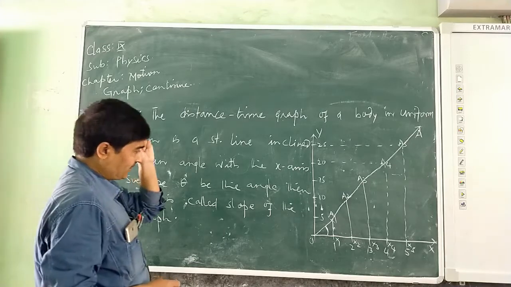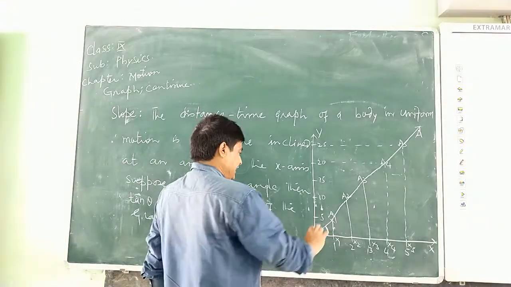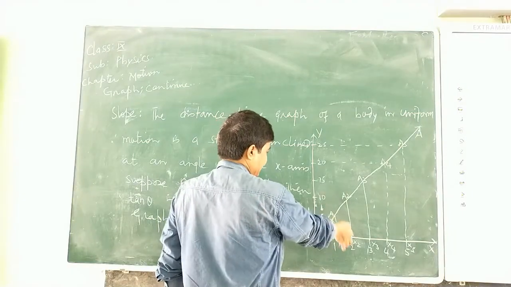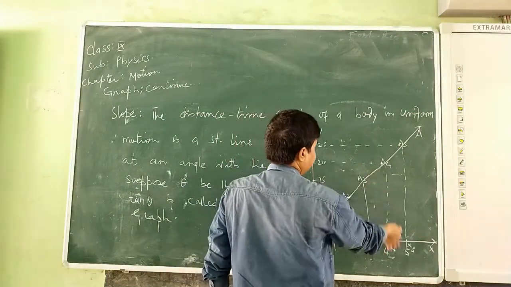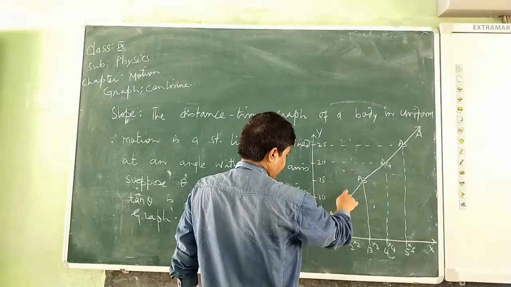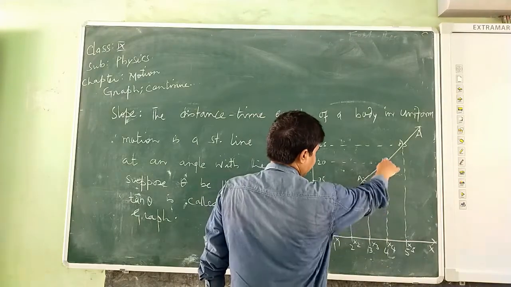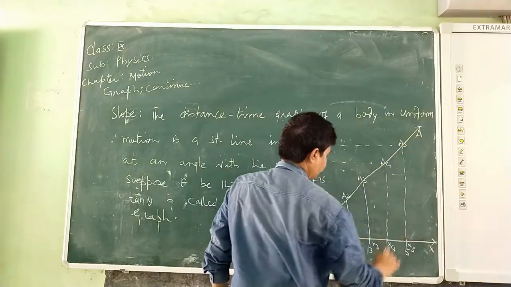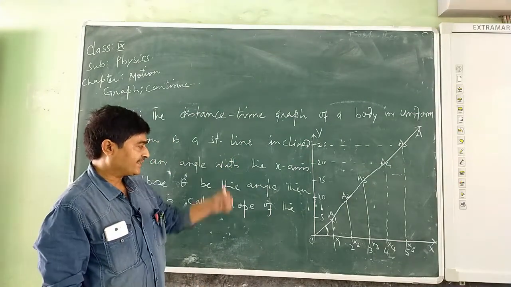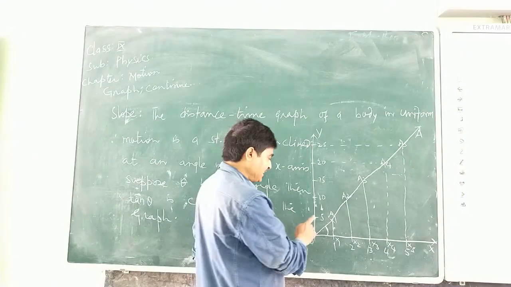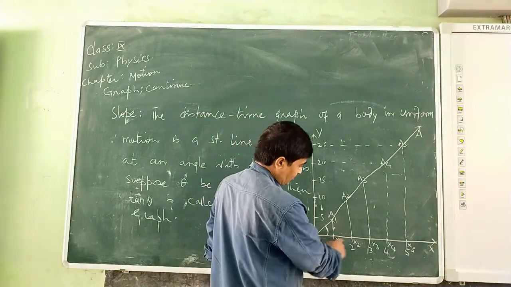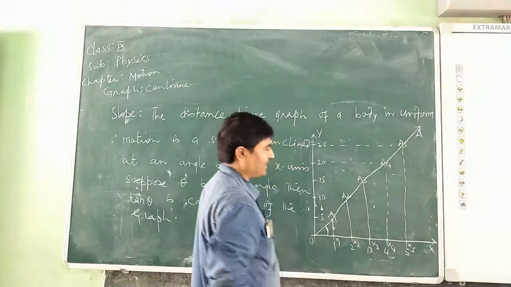Now you see, slope may be defined as the ratio between these distances along the y-axis, A1x1, A2x2, A3x3, A4x4, A5x5, and the corresponding distances on the x-axis, OX1, OX2, OX3, OX4 and OX5.